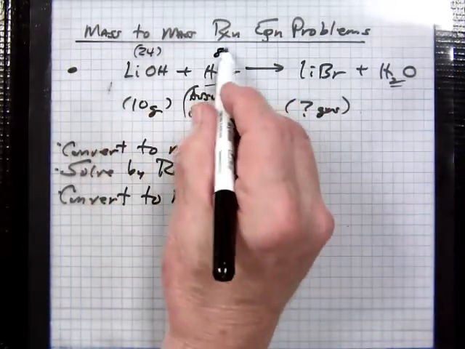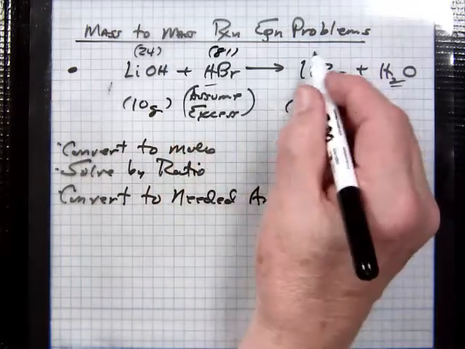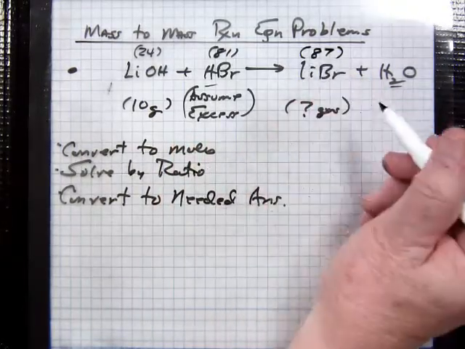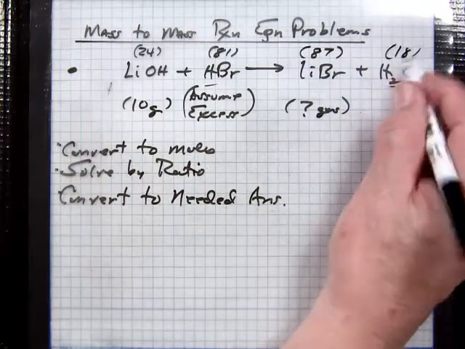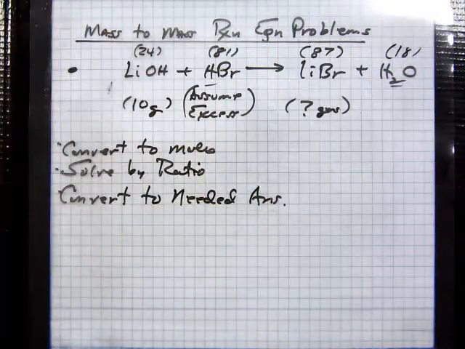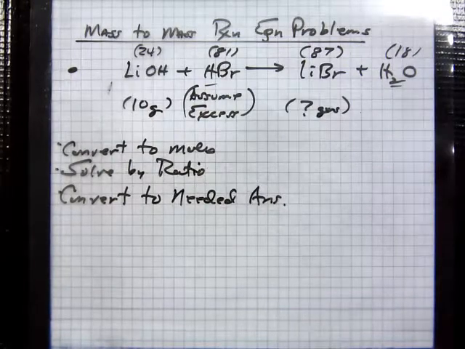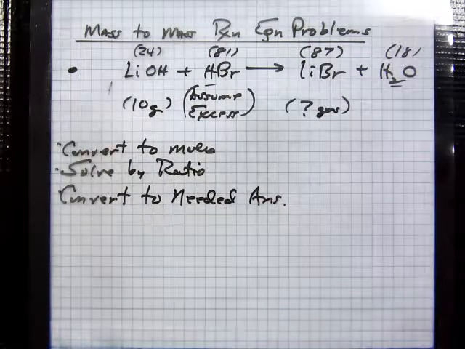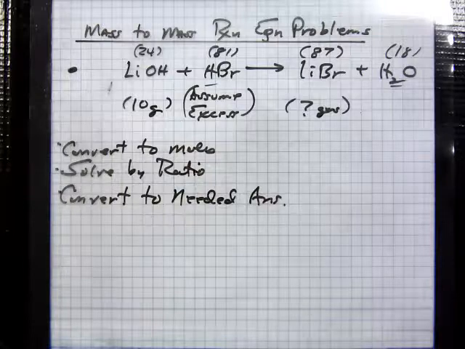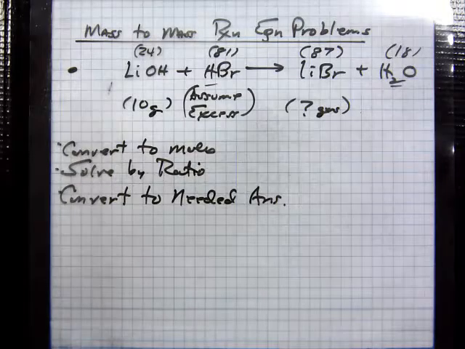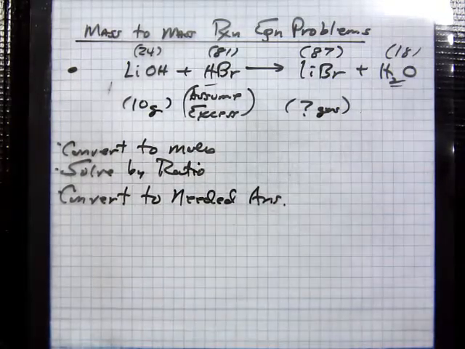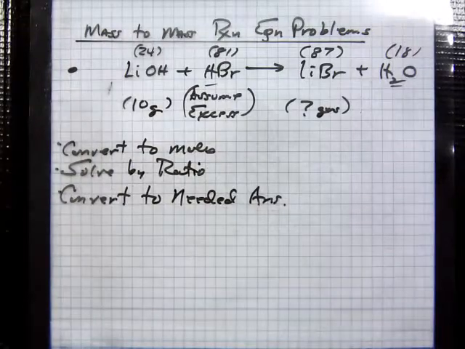This one's 81. Even though you don't need it, this is 87, and this is 18. So I put those up. I'll calculate formula weights and stick them above the formulas. I may need them, may not need them, but I'd rather have them than need them and not have them. So that's one of the first things I do when working with equations: just put the formula weights up there.